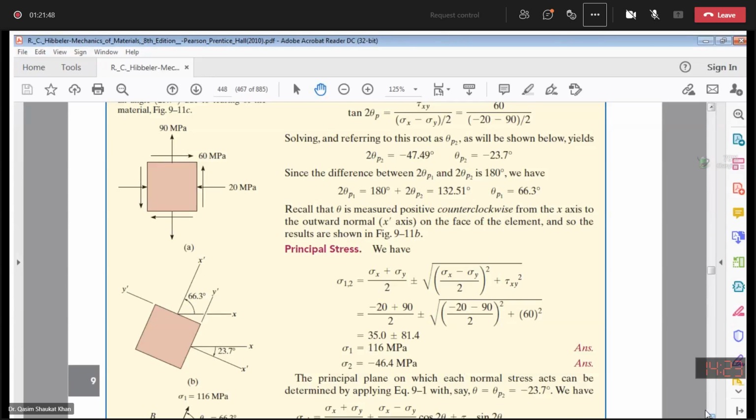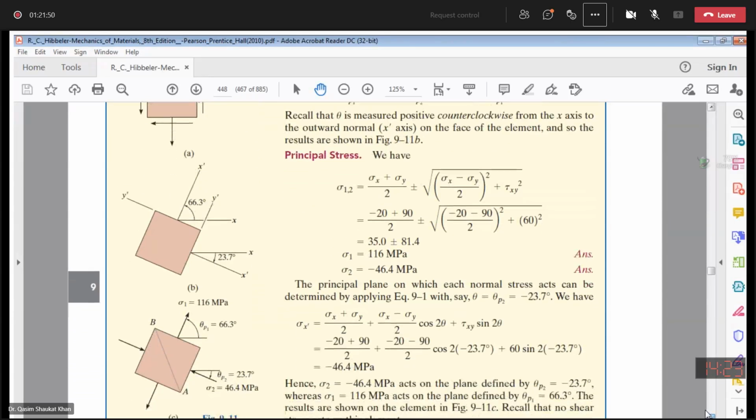Now we have to represent this. You can see that your major principal stress sigma 1 is along the theta P1. So this is your x dash axis, and this is now your x double dash axis about which you have this sigma 2. The major principal stress must be along theta P1 and the minor principal stress must be along theta P2.